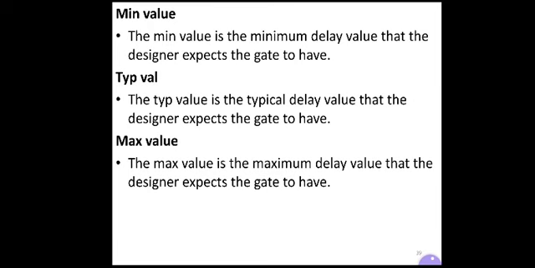Then the typical value is the typical delay value that the designer expects the gate to have. And the maximum value is the maximum delay value that the designer expects the gate to have. So the names themselves suggest: minimum, typical is in between the minimum and maximum, and the maximum value.